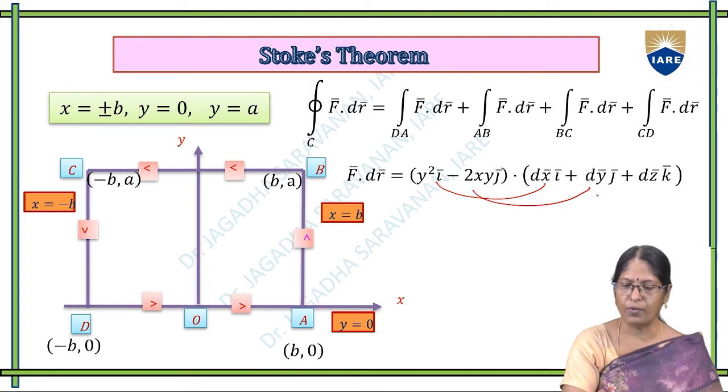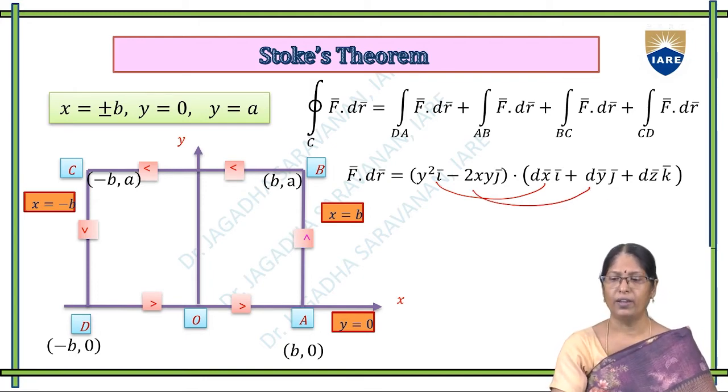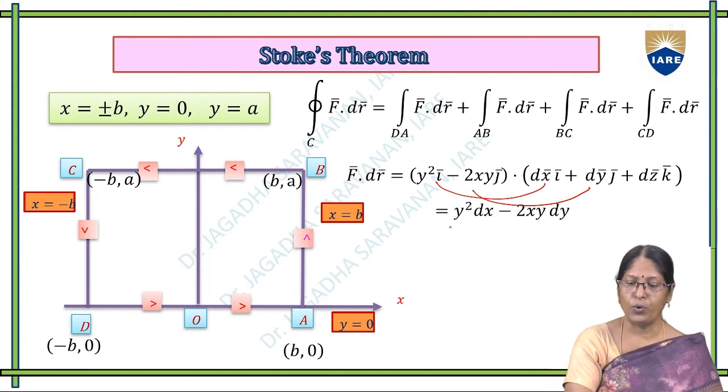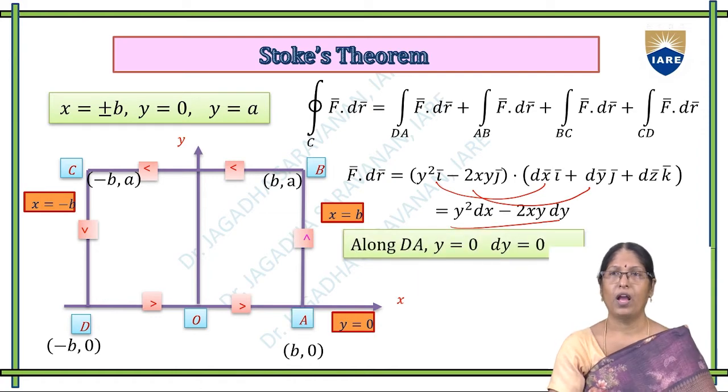Next we have minus 2xy dy, but there is no k term, so we can neglect it. So after doing the dot product, our f dot dr is y square dx minus 2xy dy. Along DA we are.